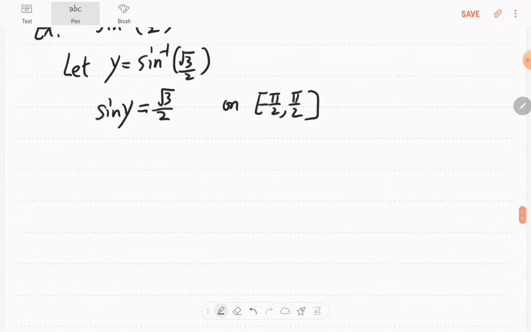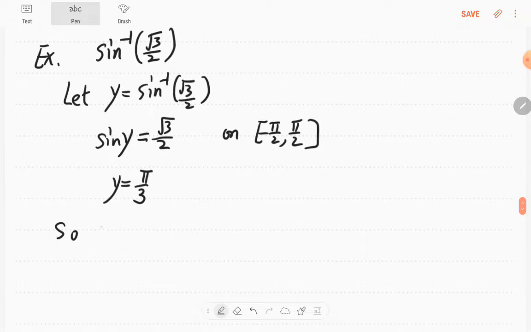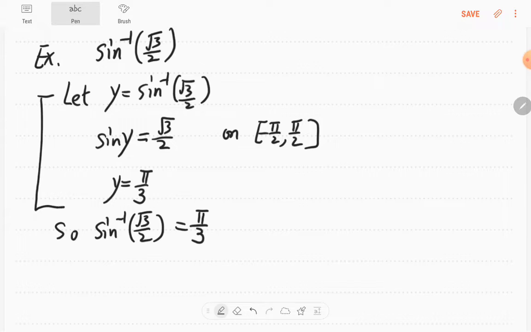So there is only one choice, y equals pi/3. So sine inverse of √3/2 is equal to pi/3. So far, if you're not familiar with that, you had better keep these steps. Otherwise, later, when you are very familiar with this calculation, you can get your answer directly.